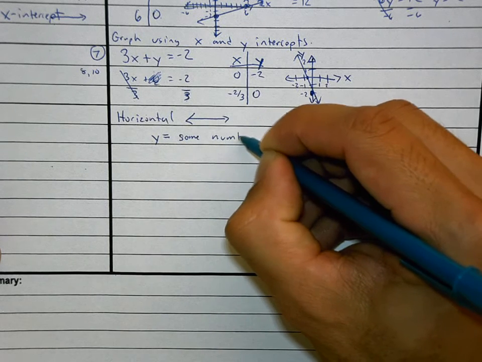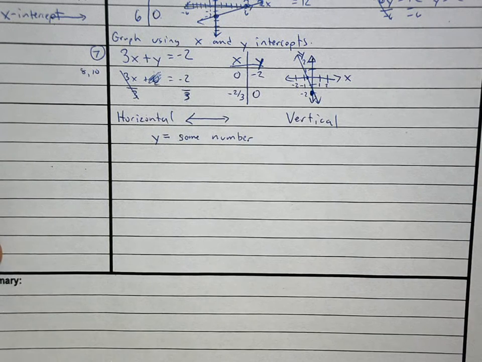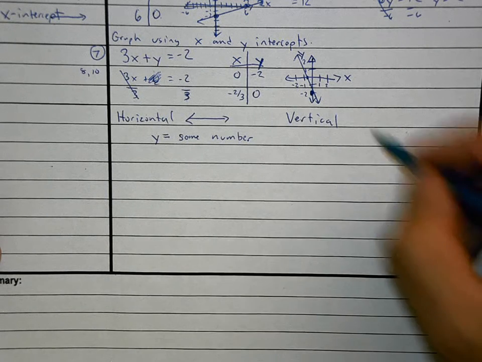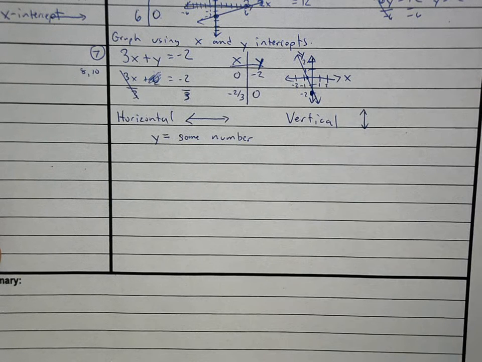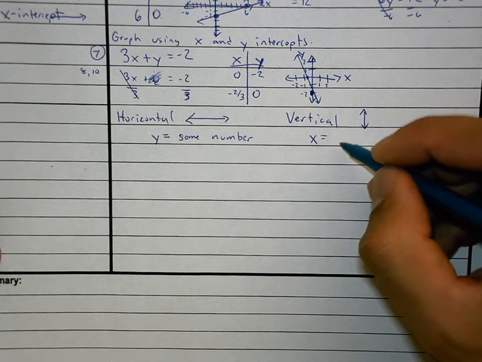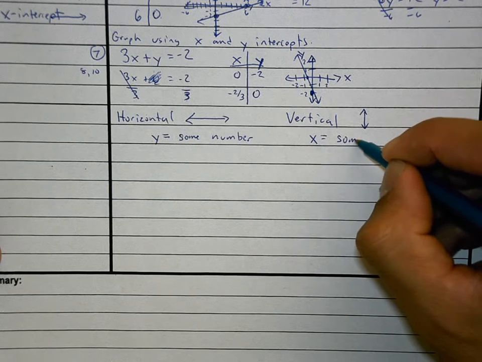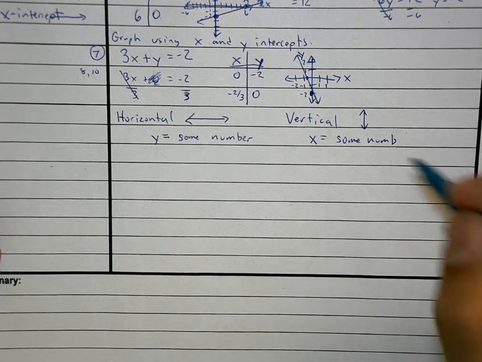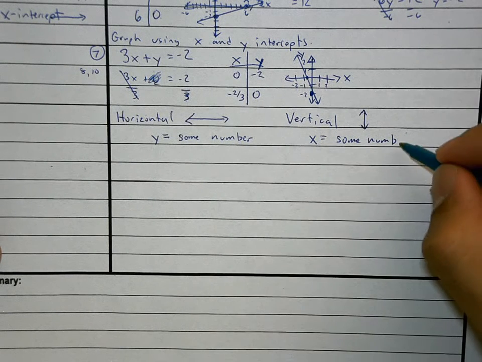It could be a positive number or a negative number. Doesn't matter. It's going to make a horizontal line. Vertical lines go like this, up and down. A vertical line is always x equals some number. The slope would be undefined. Does not mean that we cannot graph a vertical line.